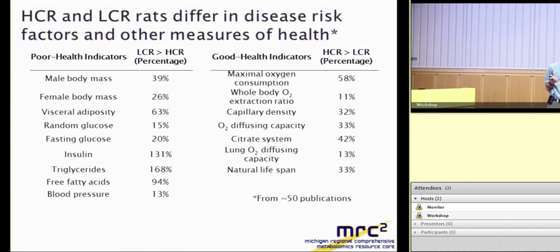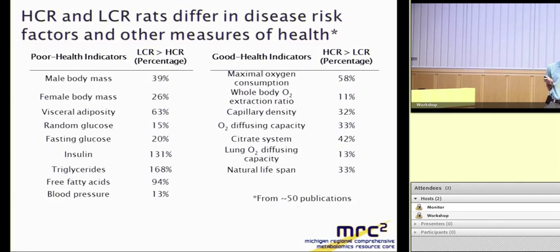The LCR are somewhat heavier than the HCR. They have a much higher visceral adiposity. Their random glucose and their fasting glucose are slightly elevated. Their insulin is substantially higher, as are their triglycerides. Circulating free fatty acids were higher in the LCR than the HCR, and the blood pressure is a little bit higher.